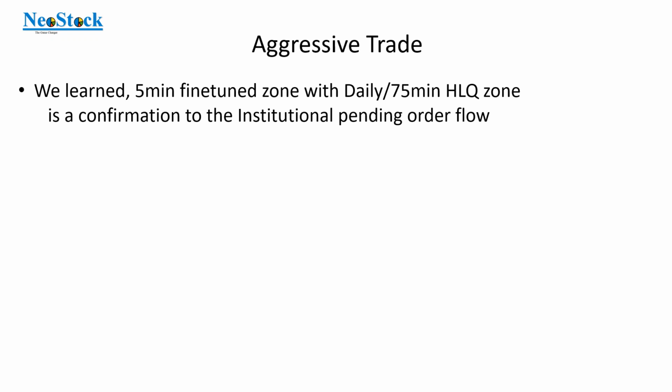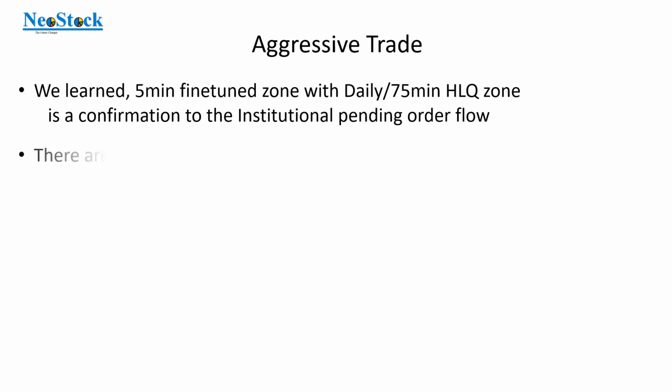This is how we've been trading all these days. The fine-tuned 5-minute zone is only the confirmation for us for identifying the institutional order flow. That is the reason why we have success rate more than 80% for all our trades.